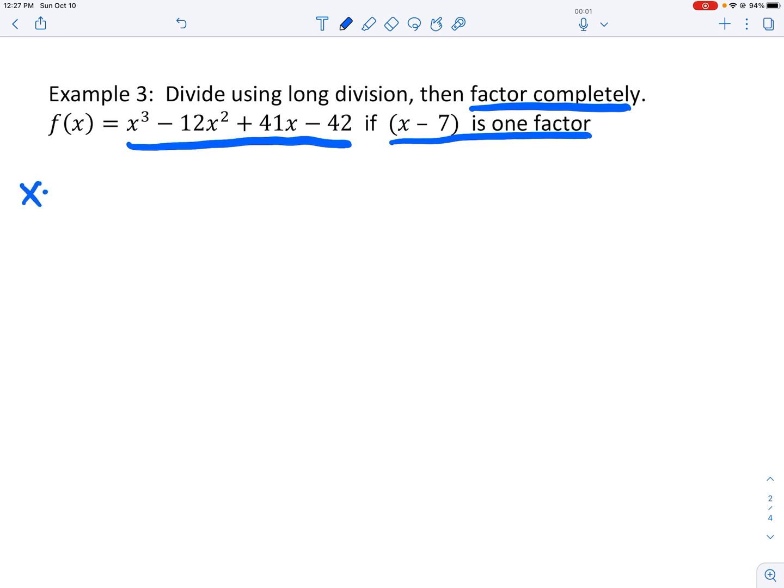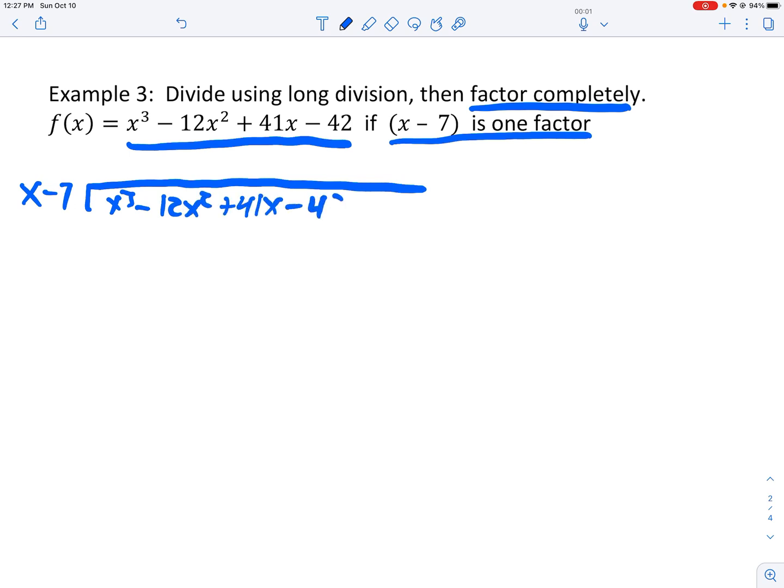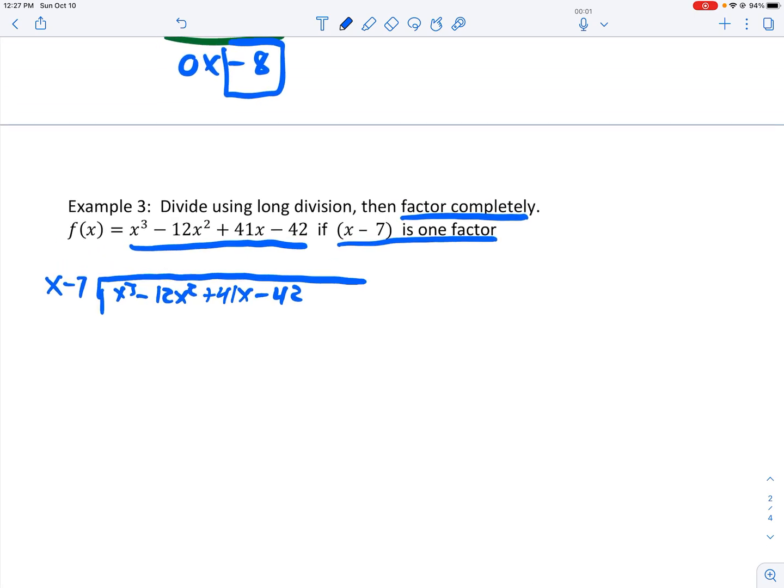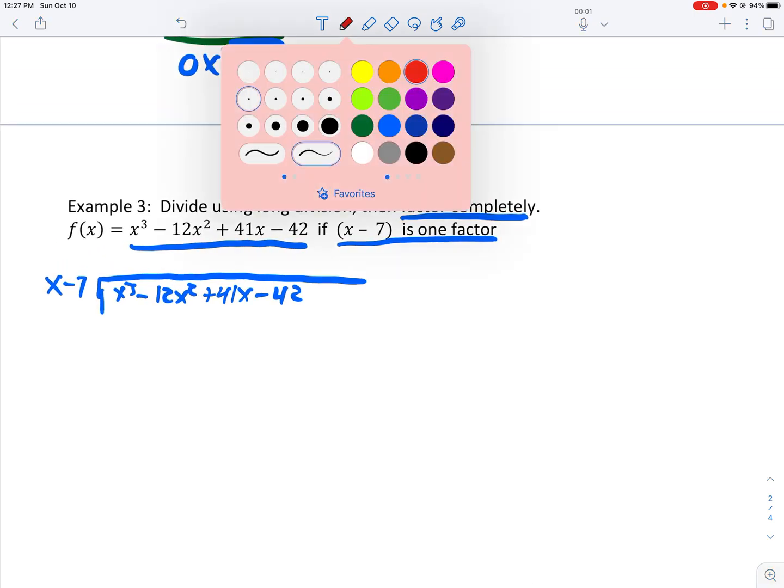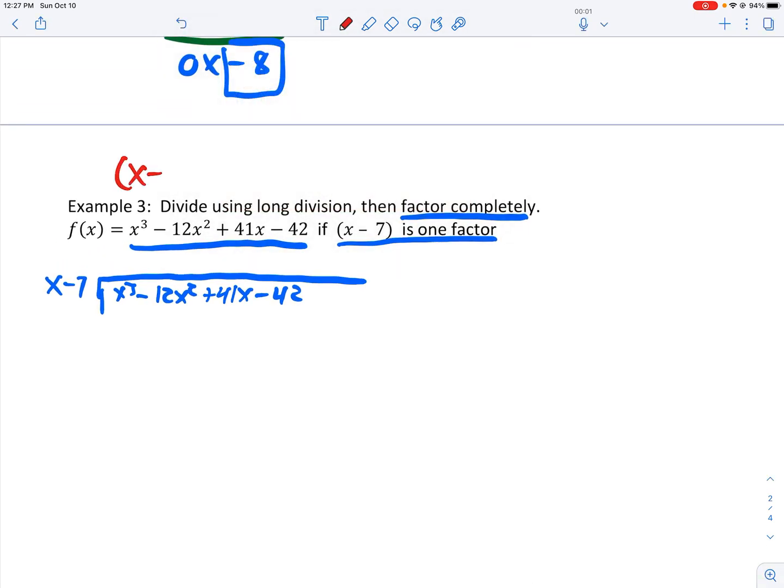So I have x minus 7. And then I have this polynomial. So x to the third minus 12x squared plus 41x minus 42. So basically what's happening is I know x minus 7 times something is going to equal this long polynomial function.